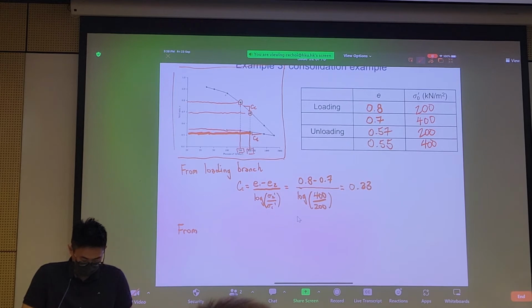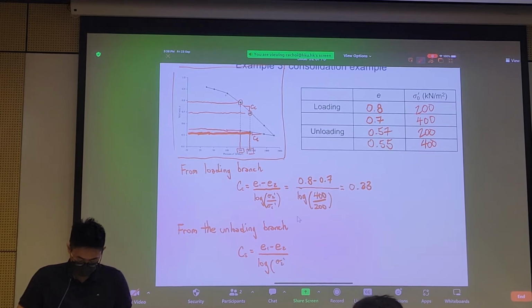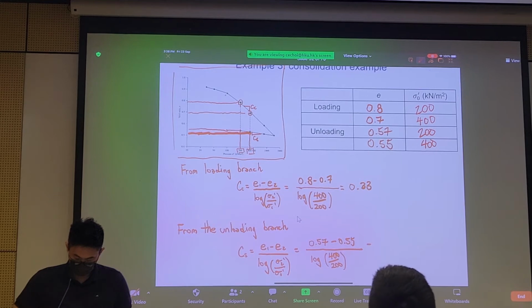So from the loading branch, you would get some value around 0.05.